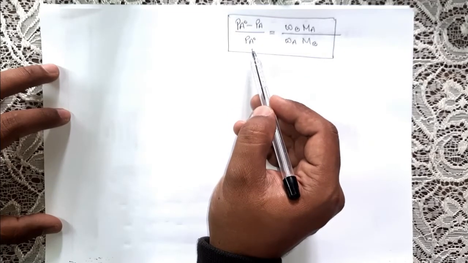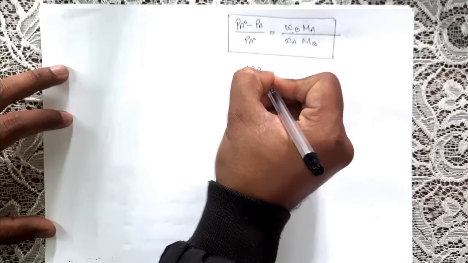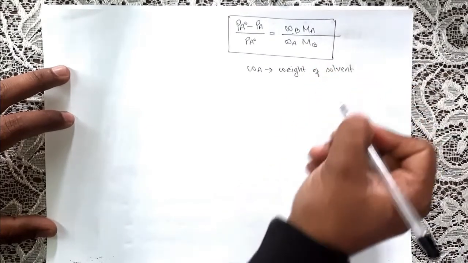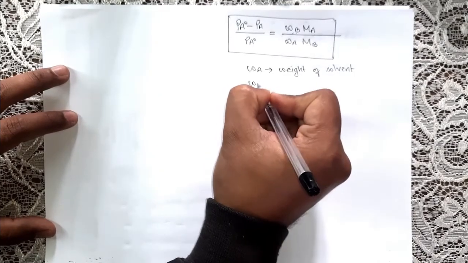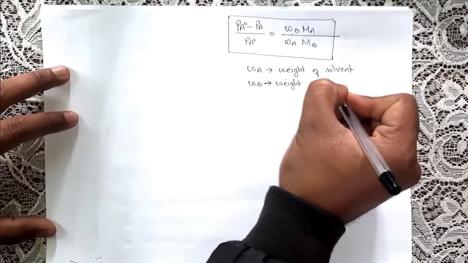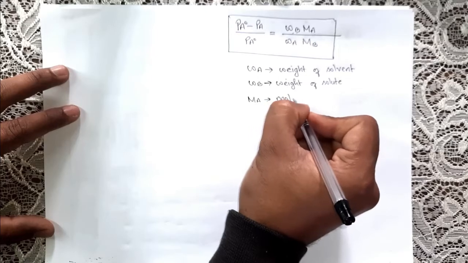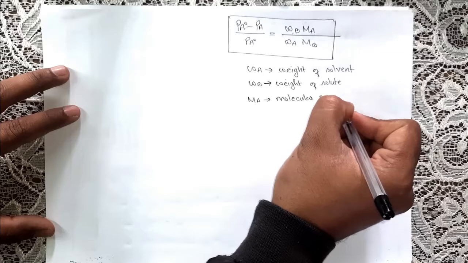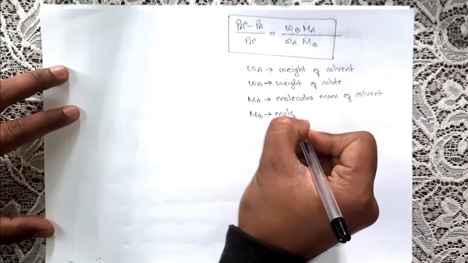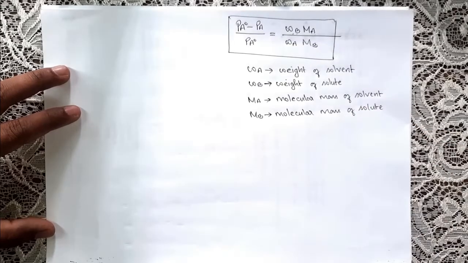Here WA is weight of solvent, WB is weight of solute, MA is molecular mass of solvent, and MB is molecular mass of solute. So these are the terms we need to keep in mind.